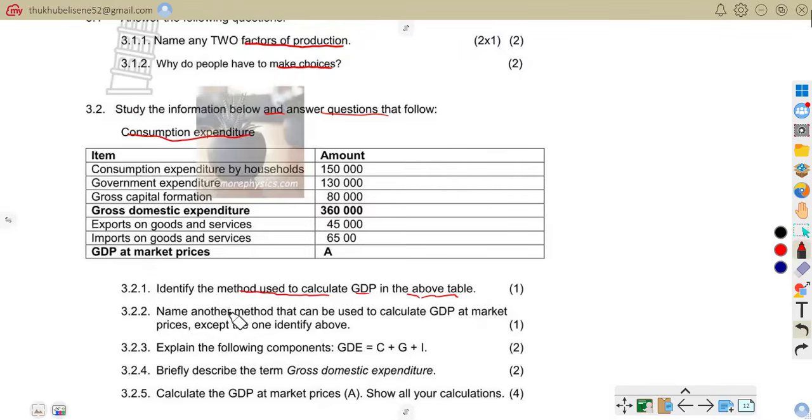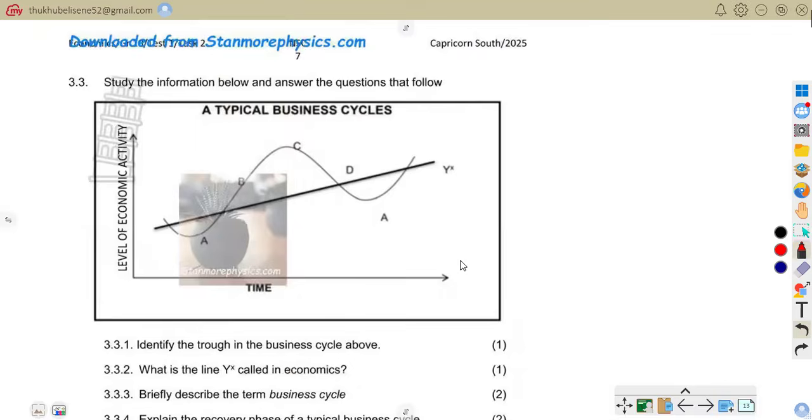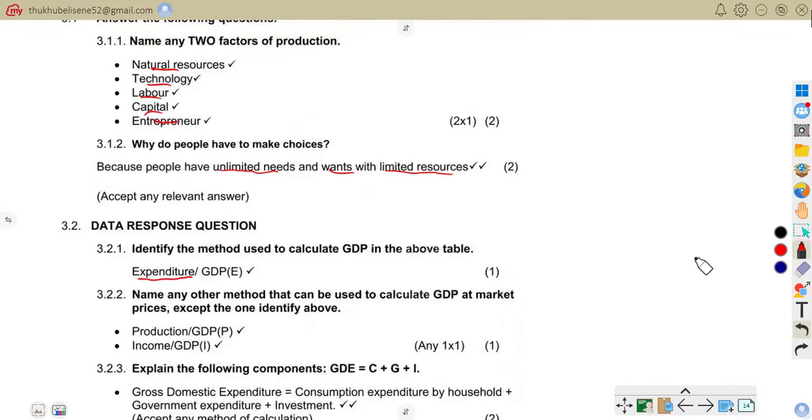3.2.2, name another method that can be used to calculate gross domestic product at market prices, except the one identified above. So we are to name another method. As we can see, another method can be either the production method or the income method of gross domestic product.